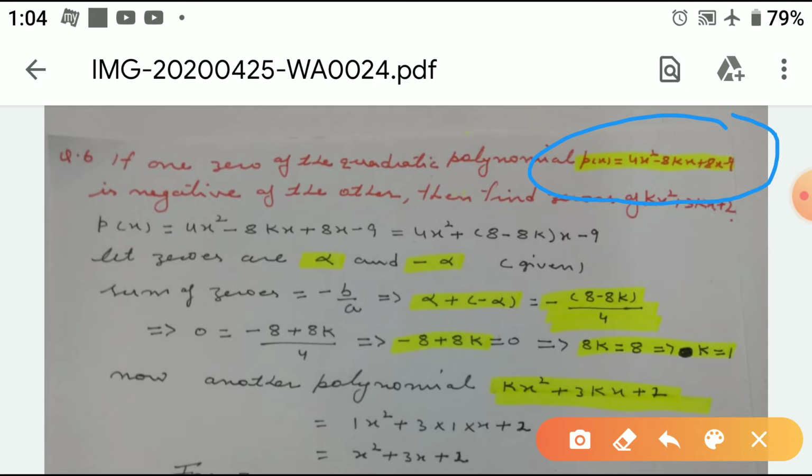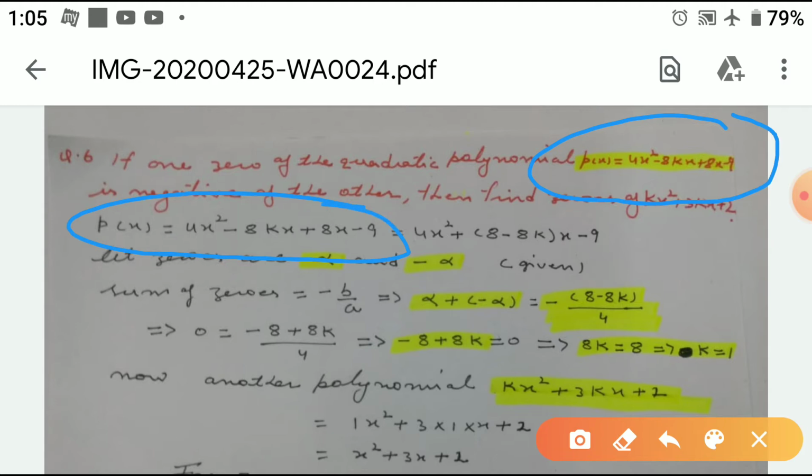So in this question we have this polynomial, 4x square minus 8kx plus 8x minus 9.